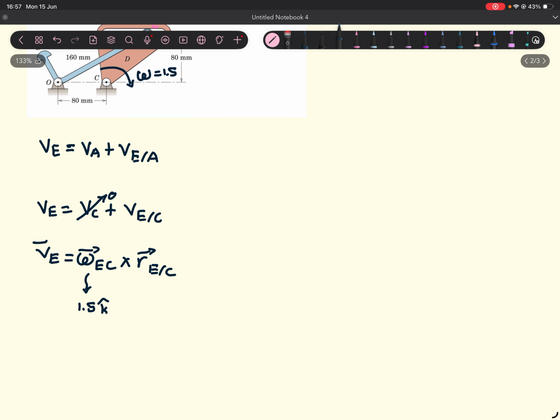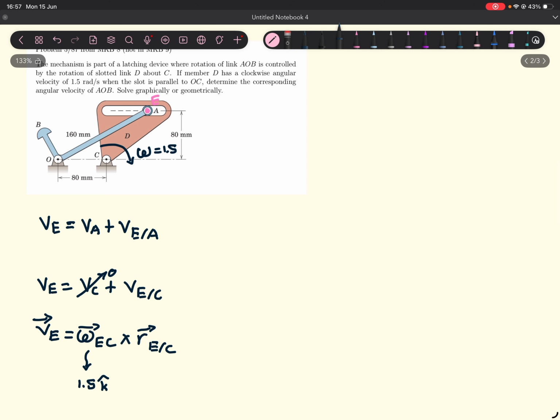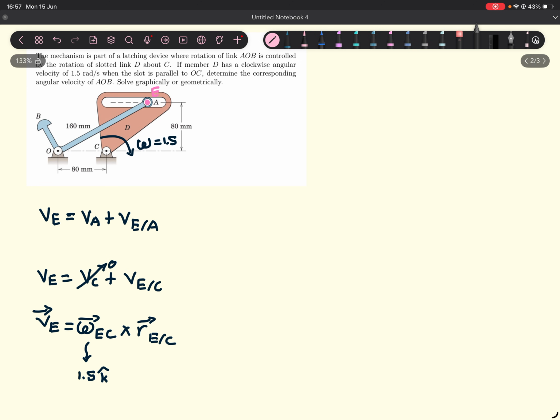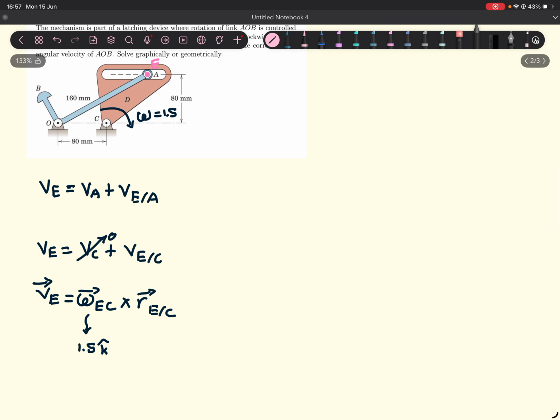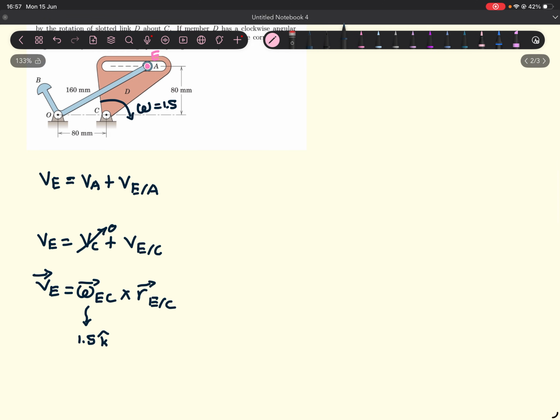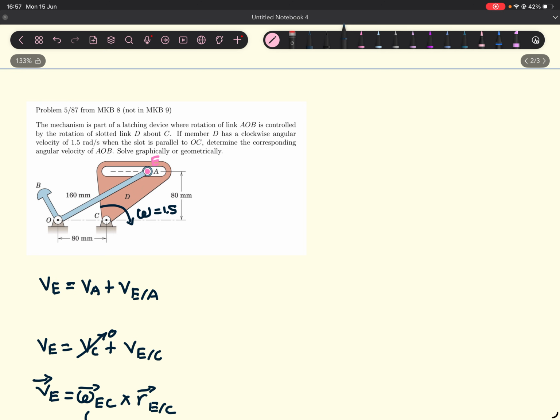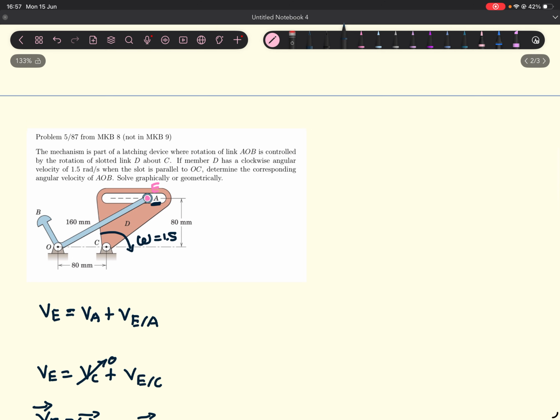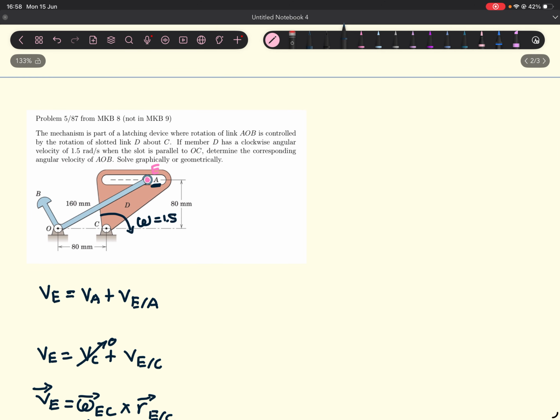So we can solve for VE quite simply, right? Our problem is VA and VE, so the relative between the two. So what we're going to do, we're going to use a vector triangle to try and solve for that. And then once we've got VA, we can then, just like the previous problem, use that to relate to O to then solve for the angular velocity of this whole thing, right?